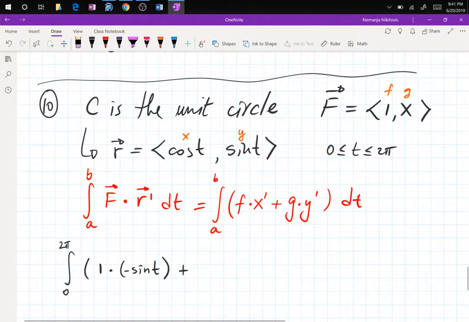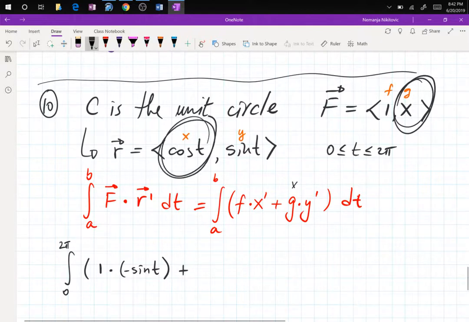I won't erase. So I have g times y prime. You see that my g is x, right? My g is x. But then x is cosine t. So that's why this is cosine t times y prime, which is another cosine t, dt.